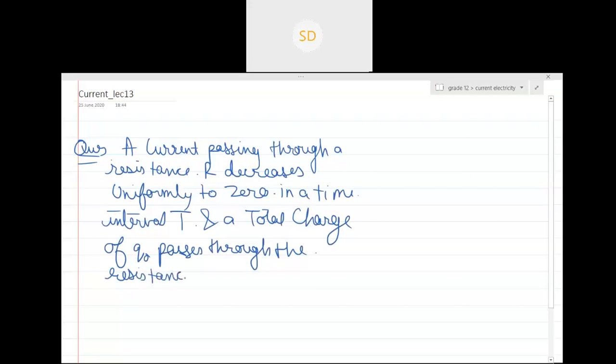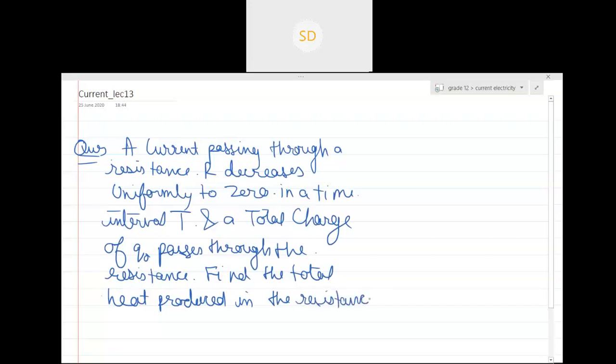Now the question is, find the total heat produced in the resistance during this time interval capital T. Only this thing is given, nothing else is given.